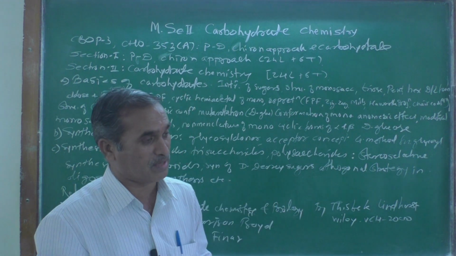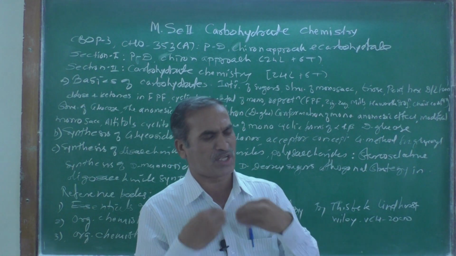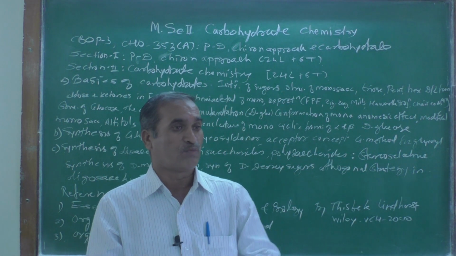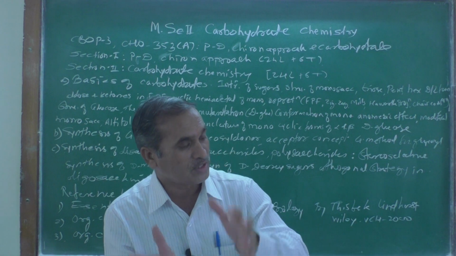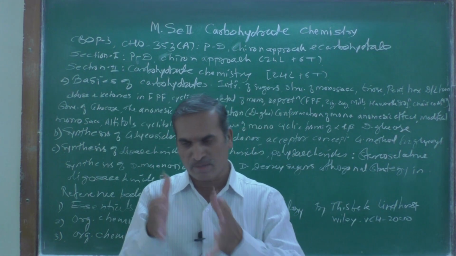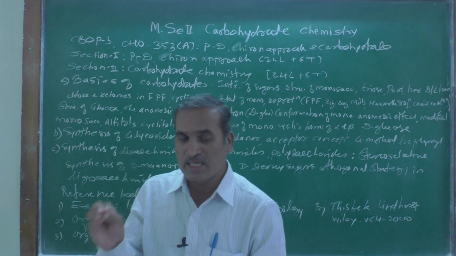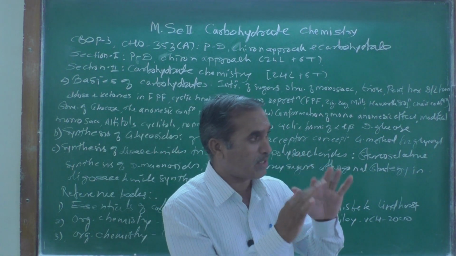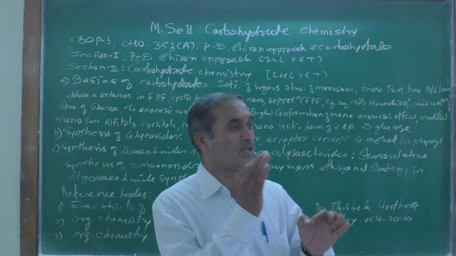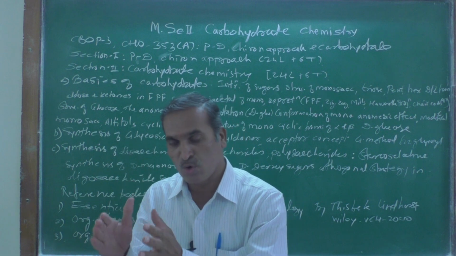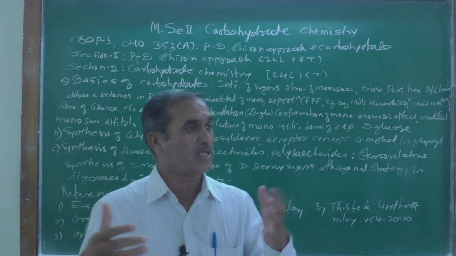So carbohydrate chemistry is naturally present, and it is present in a huge amount, and that is why in the first section, during the Chiron approach, we considered it as a starting material, because it is very safe, easily available, and has natural stereoselective chemistry. That means highly stereospecific reactions take place, and we got many natural products.